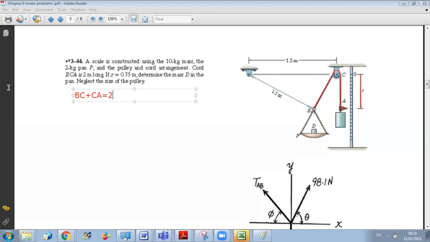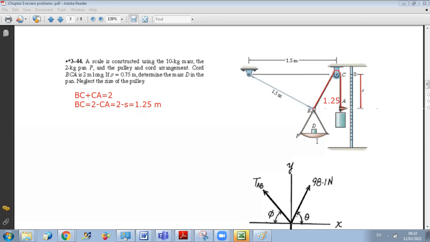And since S is given to be 0.75, and S is equal to CA, I can deduce BC. So BC is equal to 2 minus CA equals 2 minus S equals 1.25 meters. Okay, so now I know that this is 1.25 meters, and I want to find what will be the mass in D.